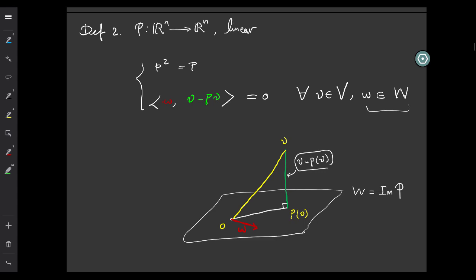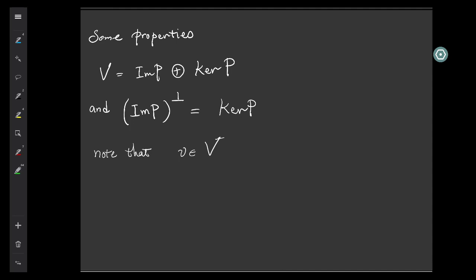Then you can easily check that the definitions 1 and 2 are equivalent. So some properties that are important to recall is that for our orthogonal projection, you can write V is equal to the image of P direct sum with the kernel of P. And also the orthogonal complement of the image of P is actually equal to the kernel.